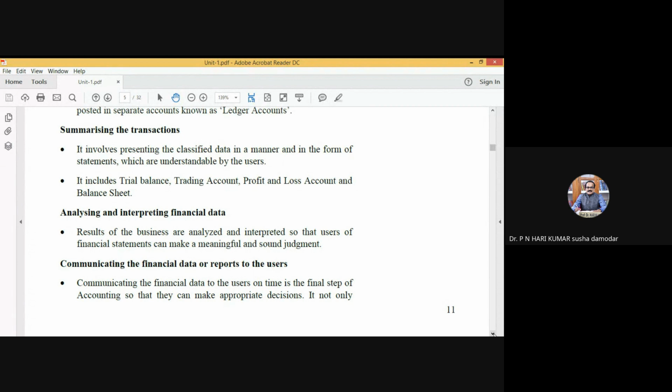So whenever a manager has to take a particular decision based on the information furnished by the accounting system, which includes the financial statements, that is trading and profit and loss account and balance sheet, and interpreting the result of such statements, that is useful information for the manager to take decisions under conditions of uncertainty in future.